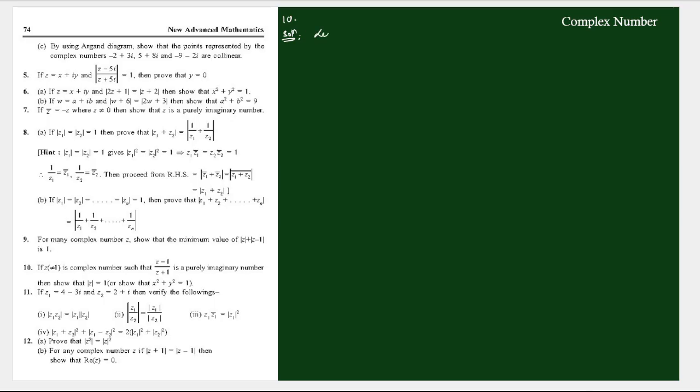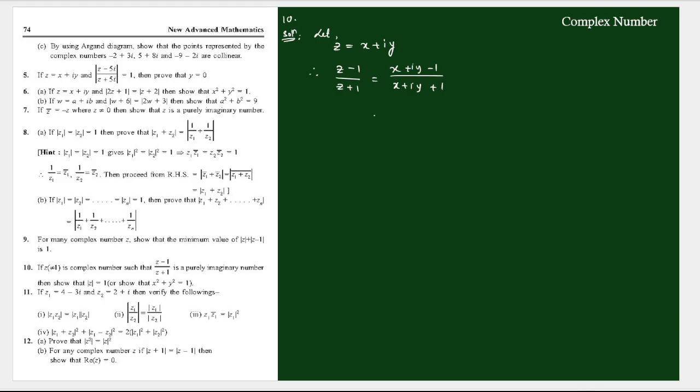So let z equal to x plus iy. Then what do we have? z minus 1 and z plus 1. So it can be written as x plus iy minus 1 over x plus iy plus 1.